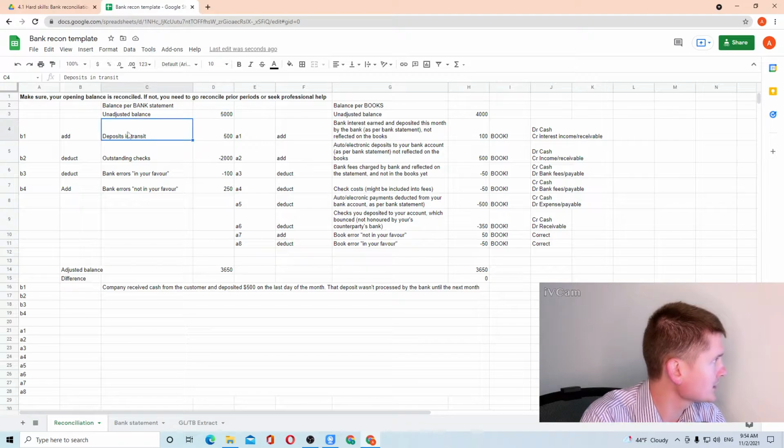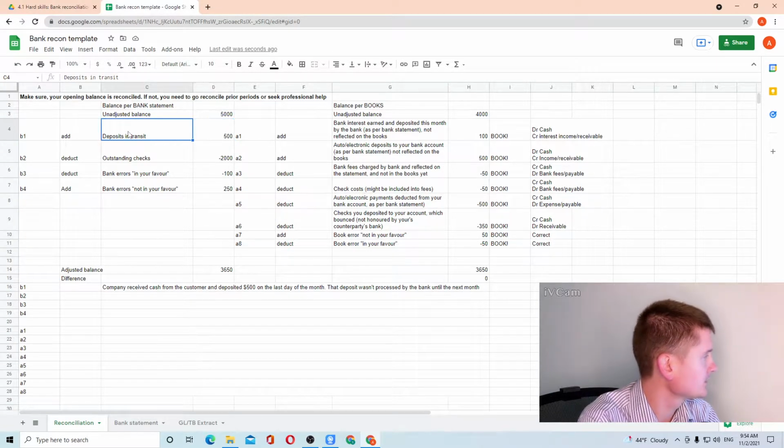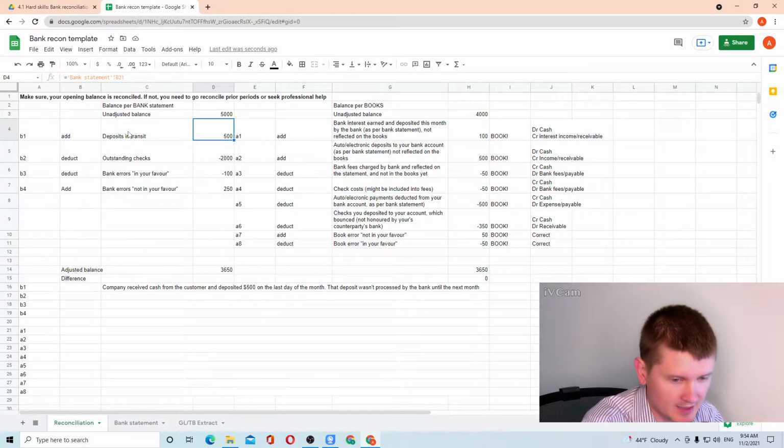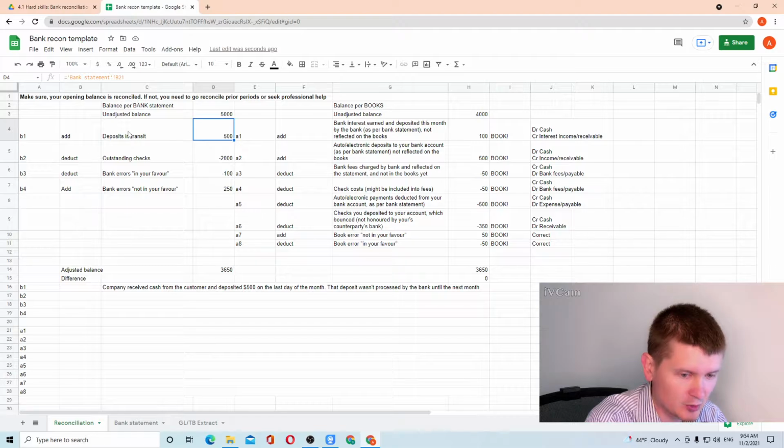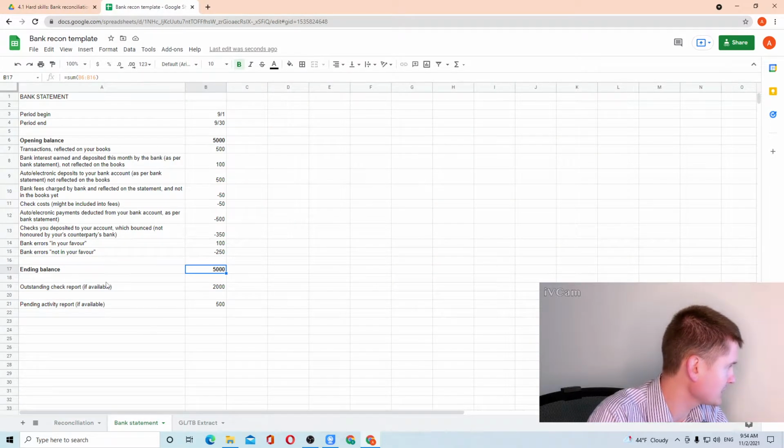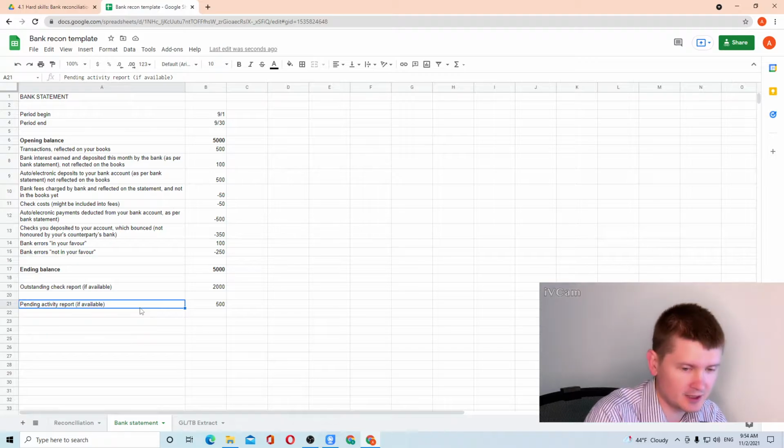Now we know that we deposited cash on the last day of the month, and it takes some time for our bank to process and post it, so the cash might be reflected in the next month. On a bank statement, there might be something like a pending activity, or in some online bank report, or maybe you will have to take it from the next month.